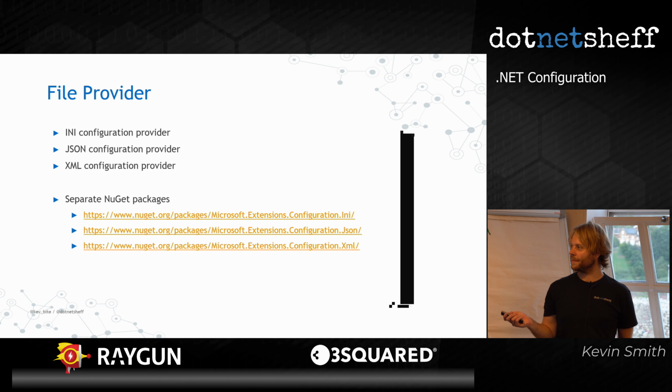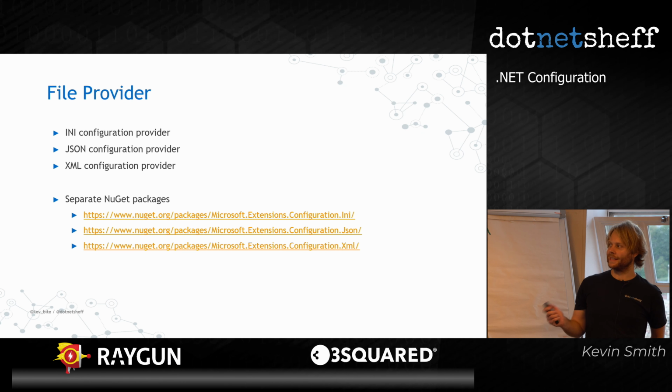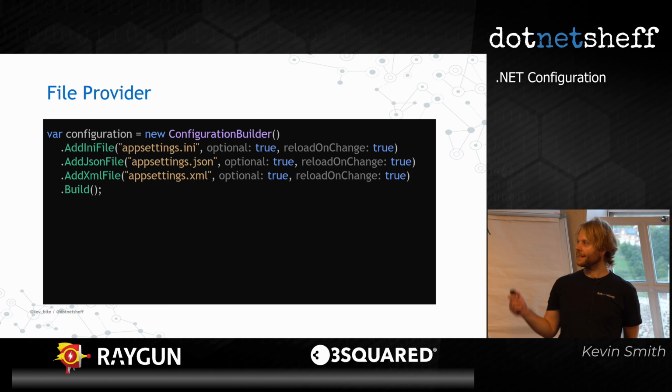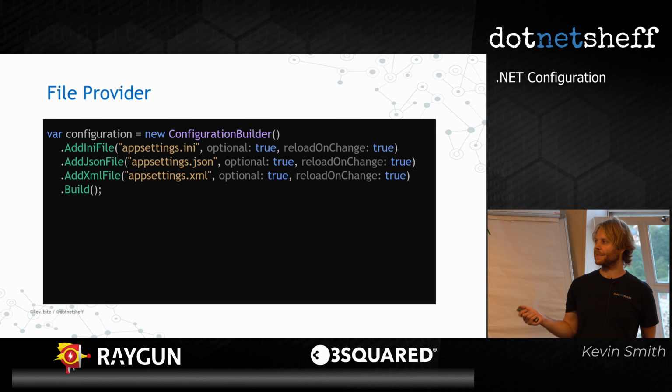So we've already done the memory one, so I'm going to skip over that one. The file provider comes in a bunch of different NuGet packages, so they're all separated with their own NuGet package, so they're all independent. There's a way to do ini files, JSON, and XML by default, and you can register them like this. These are all extension methods on top of the configuration builder, so you can call add ini file, add JSON file, add XML file, and then pass in the file name into it.